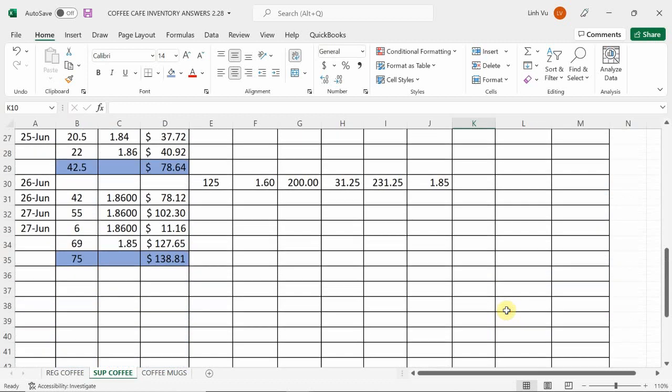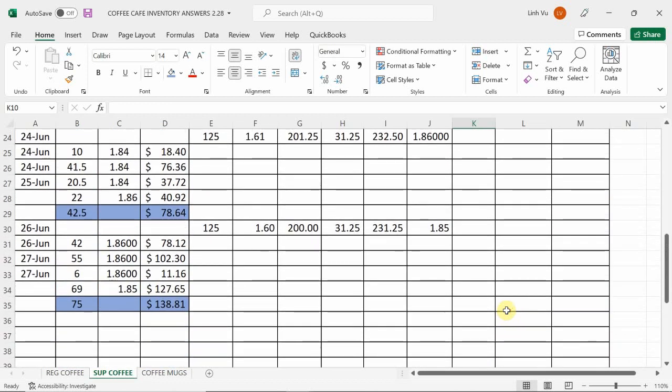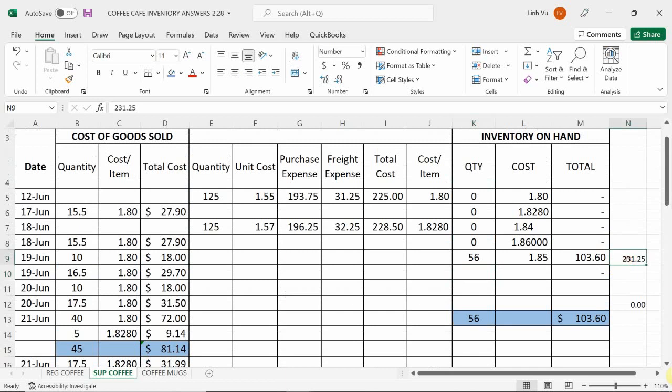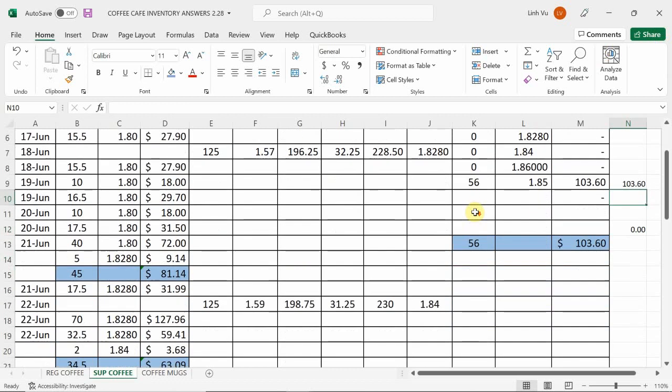Let's go ahead and verify that because let's see, 127.65. Okay. 231.25 minus 127.65 gives you a total of 103.60. Okay, so that is correct. Okay, 103.60 is my leftover remaining in my Supreme coffee.